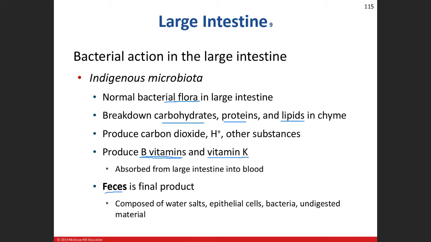All right. Feces. Yes, it's the final product of the large intestine. It's primarily made up of water and salt, epithelial cells, because remember, as those feces and that digestive food product is rolling through your GI tract, it's going to cause friction. It's going to scrape and damage epithelial tissues, and it gets picked up in the feces for the eventual elimination.